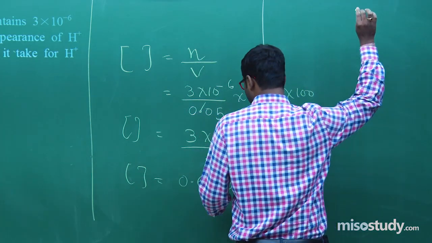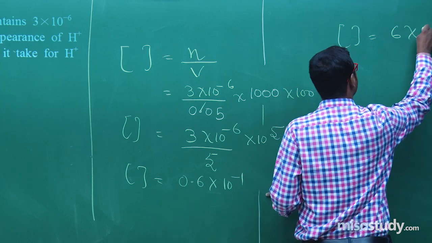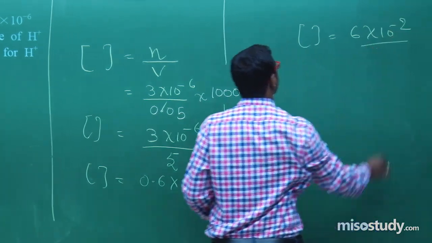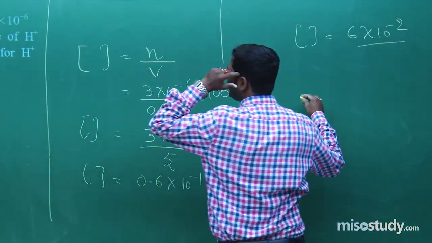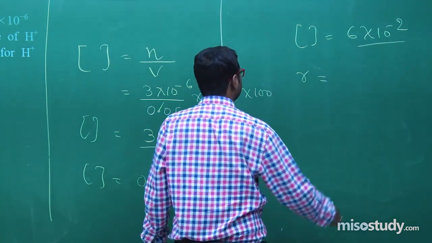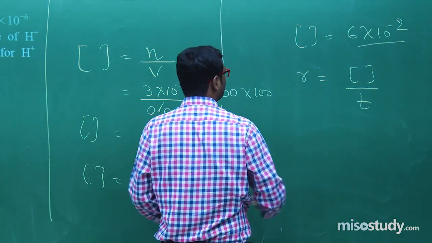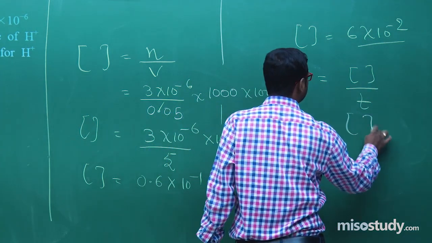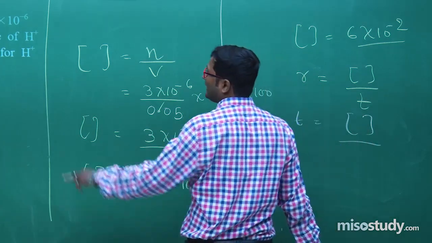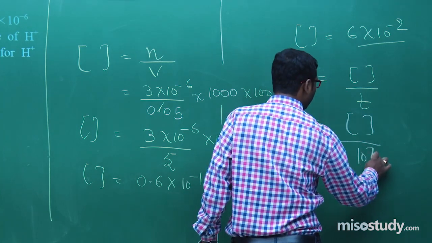The concentration here is given, you can write concentration is equal to 6 into 10 to the power minus 2. Now here what is given? Rate of disappearance, that is concentration upon time. So time is equal to concentration upon rate of disappearance, that is 10 to the power 7.